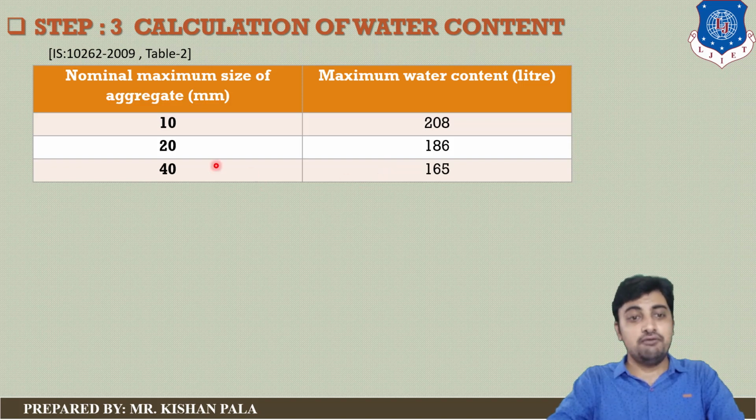So you can see, with increasing the nominal maximum size of aggregate, there is a decrease in the value of water content in the mix design.